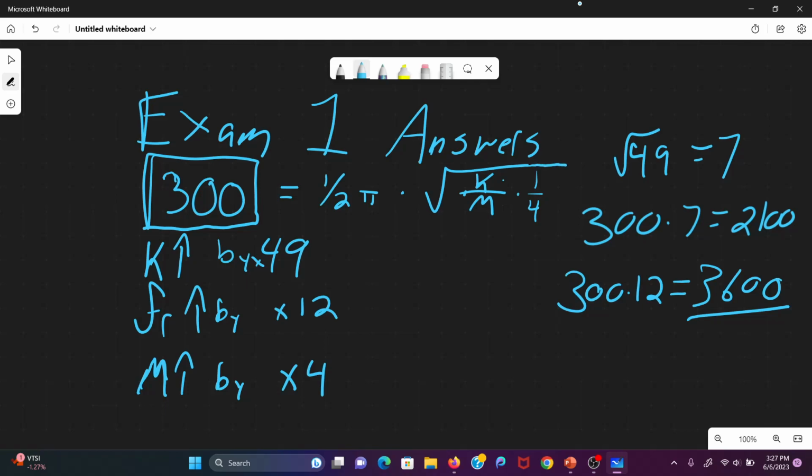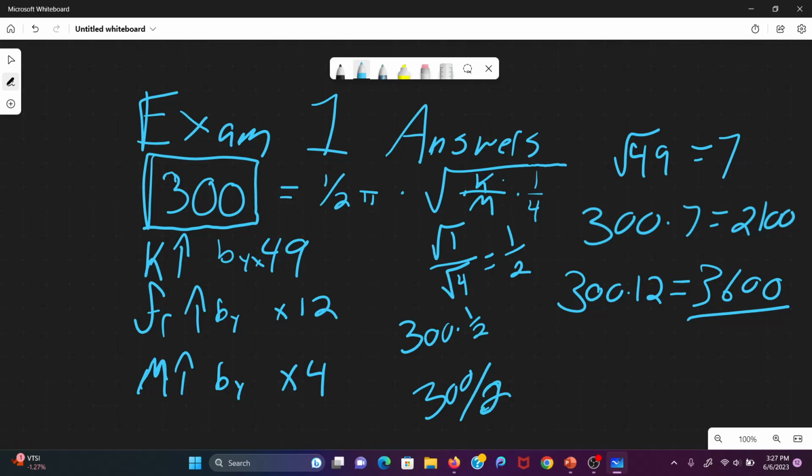And then the square root of 1 over 4, you can reduce down to the square root of 1 over the square root of 4, which equals 1 over 2. So you've got 300 times 1 over 2. Another way to say that is just 300 divided by 2. 300 over 2, which is 150.